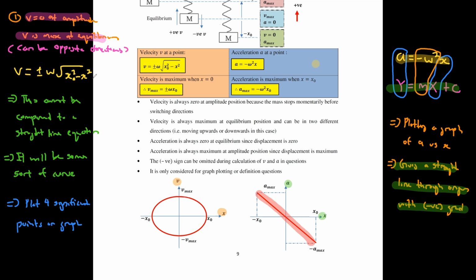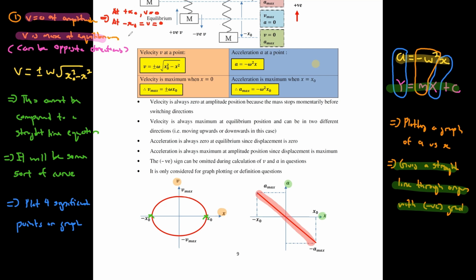So here, what we want to do is this. At positive amplitude, V is 0. At negative amplitude, V is also 0. So plotting it on your graph would be these 2 points here. At positive amplitude, velocity is 0, and at negative amplitude velocity is also 0.